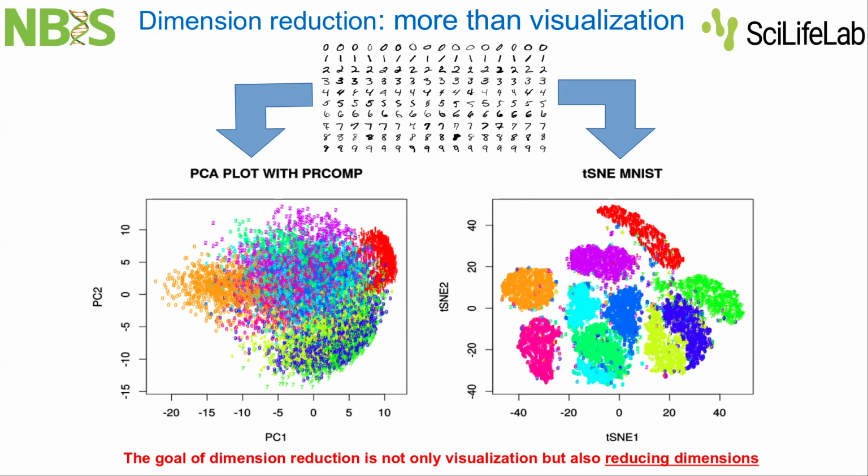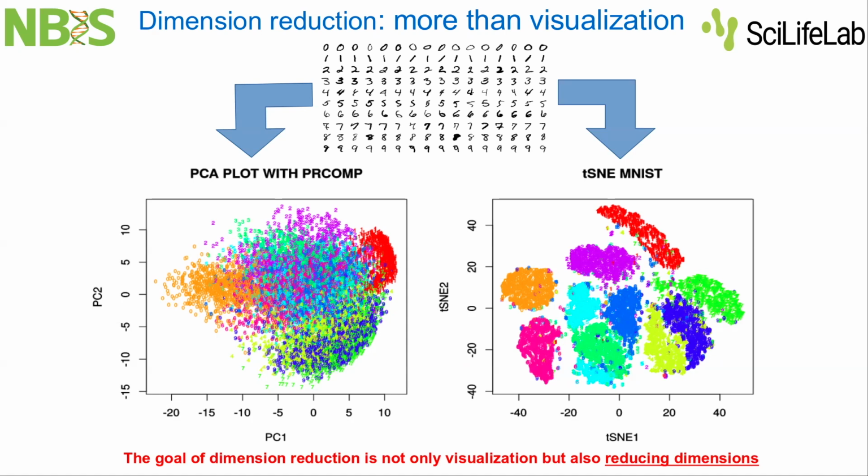And typically, for good, robust statistical analysis, you would like to have as few variables as possible and as many statistical observations as possible. So we typically have much fewer statistical observations than number of dimensions, number of genes. So maybe we are working with 20,000 genes or millions of germline genetic variants, but we don't always have sample sizes of many thousands or many millions.